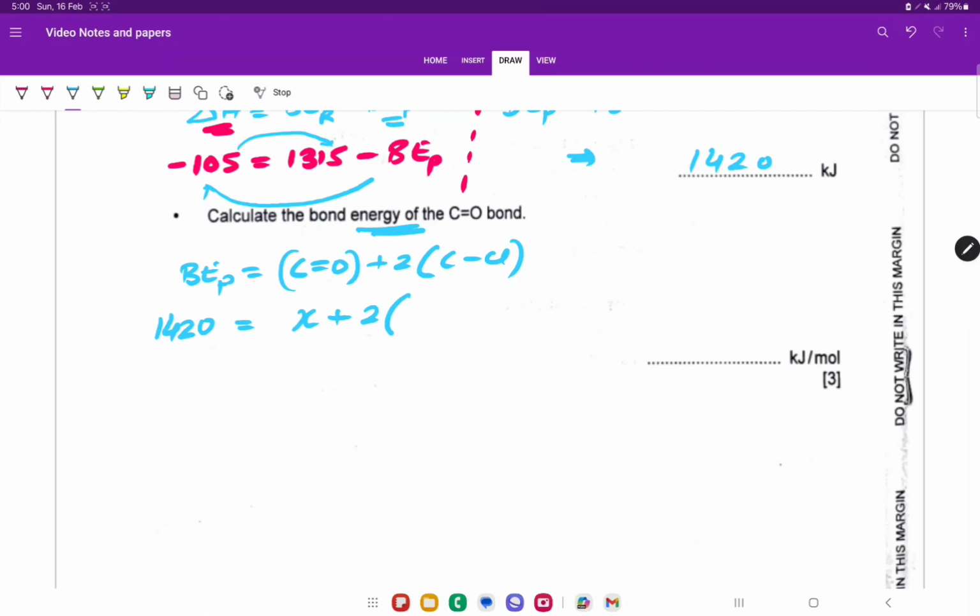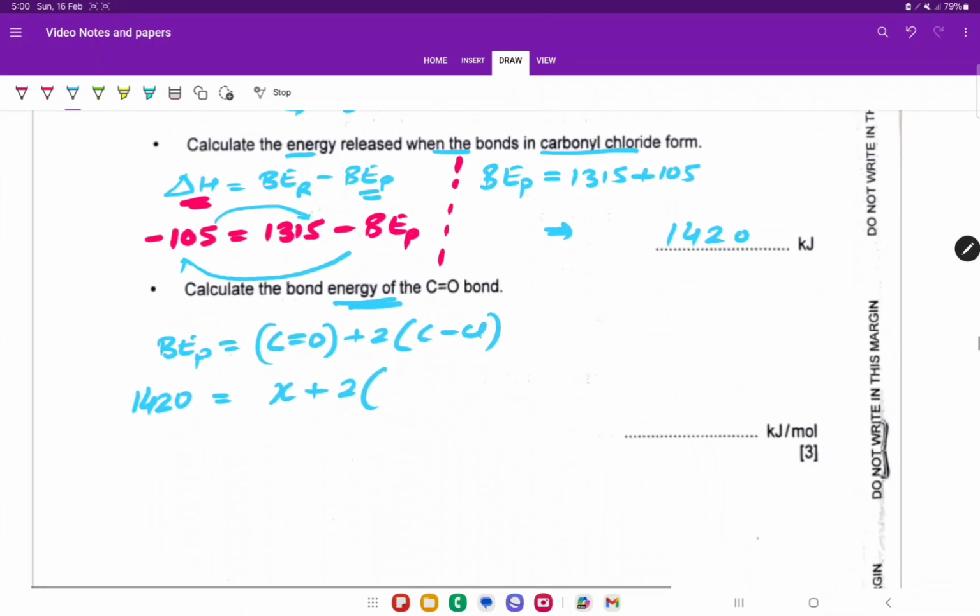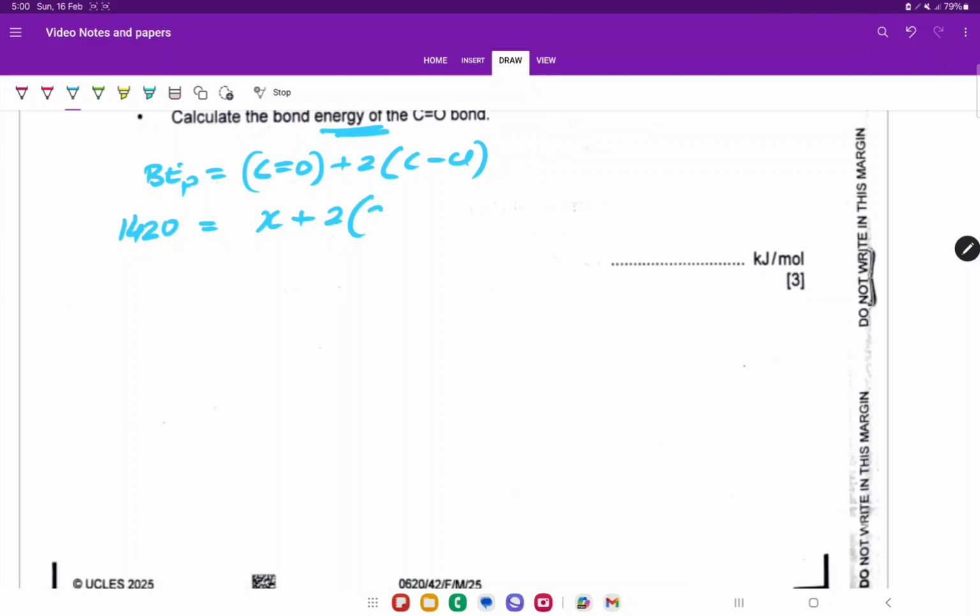The carbon chlorine bond energy is 340, so 2 times 340 comes out to be X plus 680. 1420 equals X plus 680, and then X, which is the C double bond O bond energy, comes out to be 1420 minus 680.